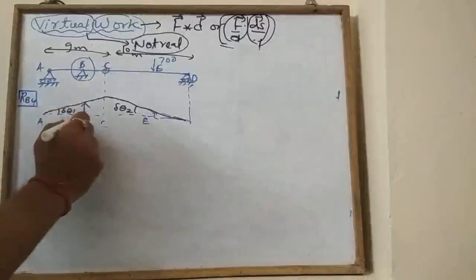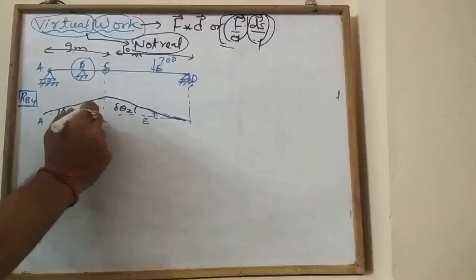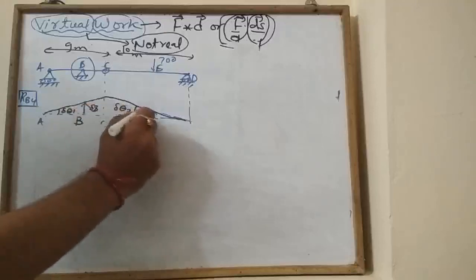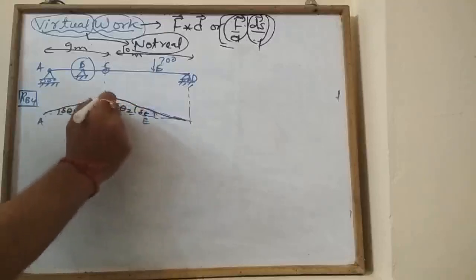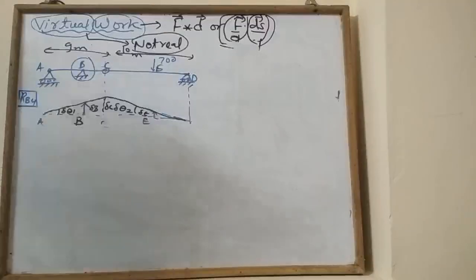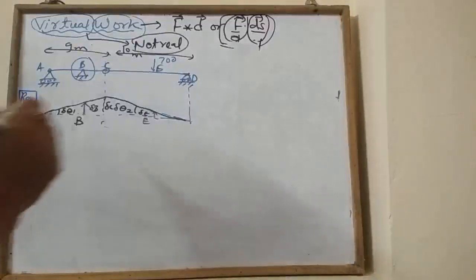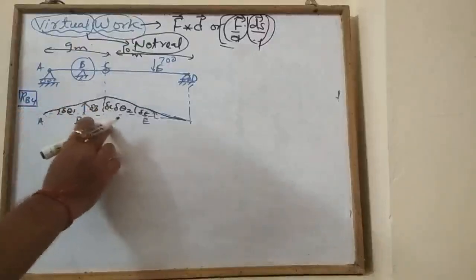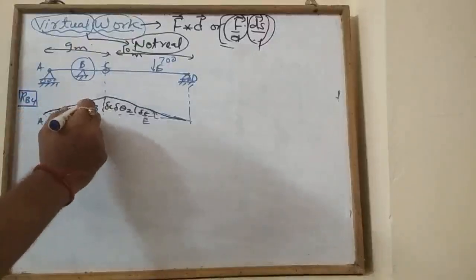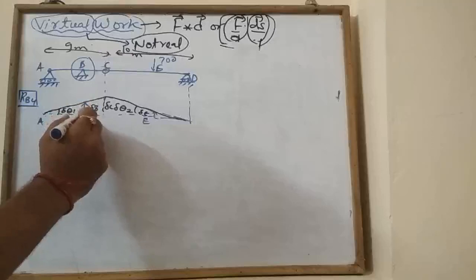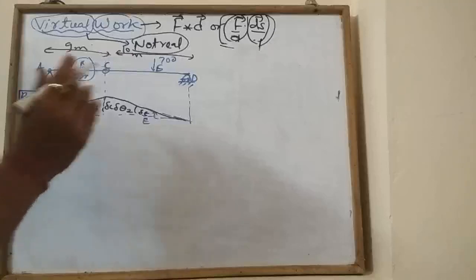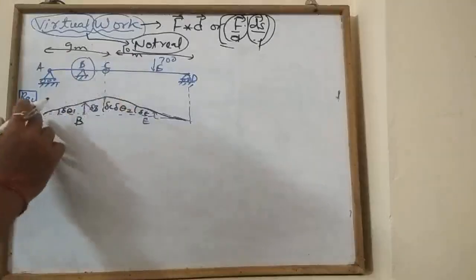Now this is delta B, this is delta E, this is delta C. As in our earlier example, when a reaction force is to be calculated, that point of application will be displaced, keeping the points of application of other forces the same.